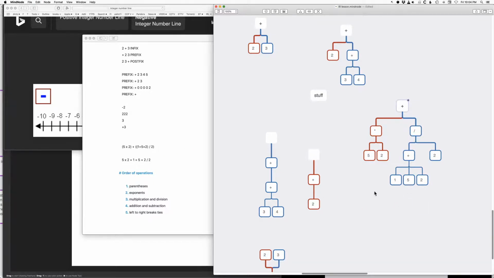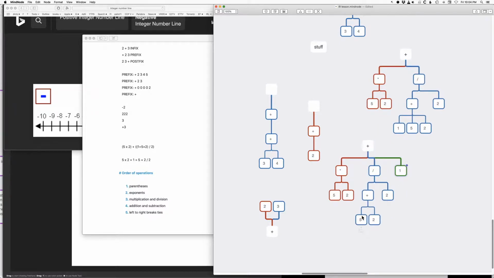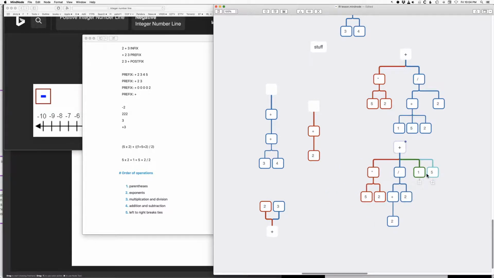So I will make a copy of this. And then when you did it with regular order of operations and no parentheses, what you did was like this. We're going to put the 1 over here. We're going to put the 5 over here. They both just were under the original plus. And this is the tree you did.